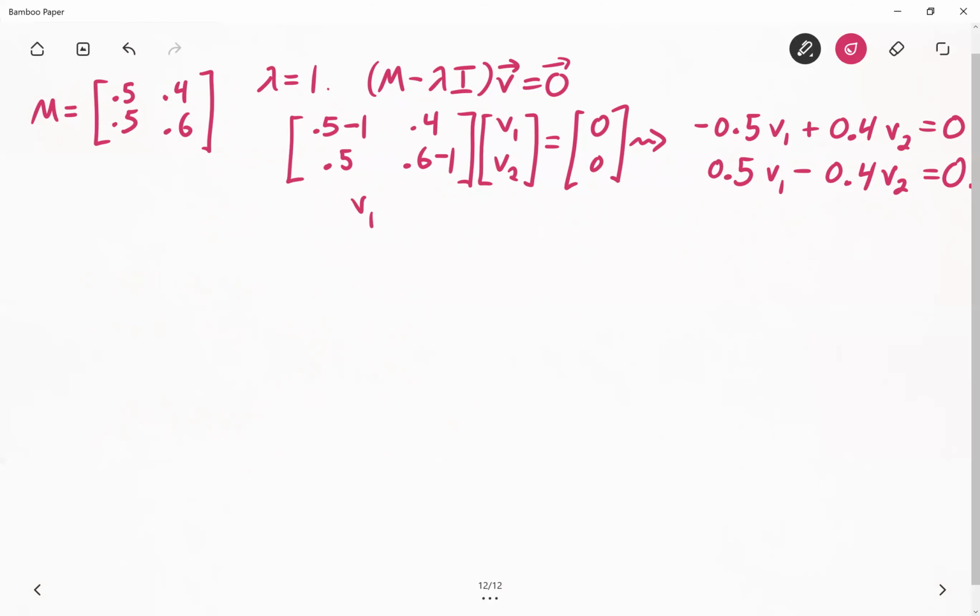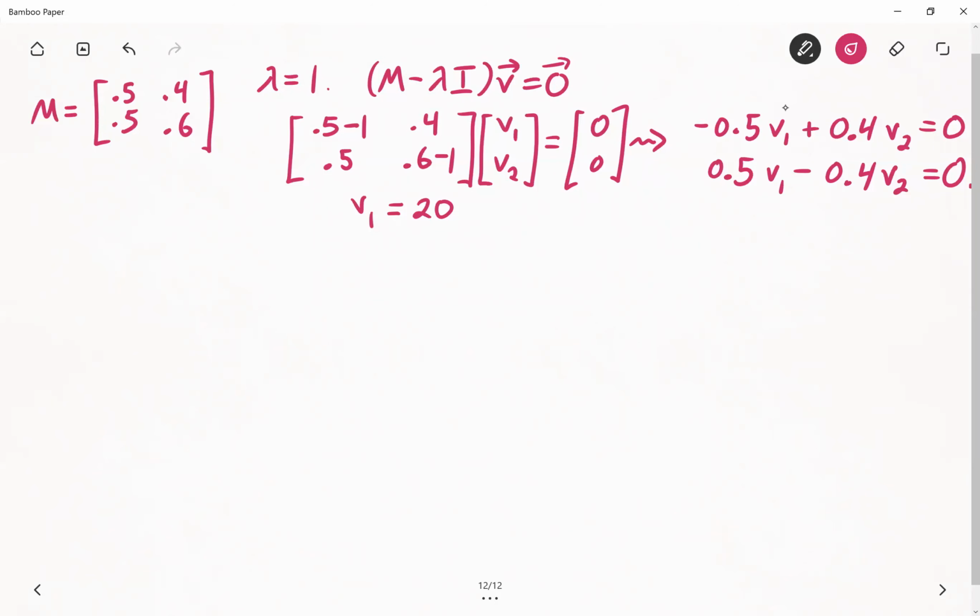Maybe I'll make this 20, because 20 times negative 0.5 will be negative 4, right? And then, wait a second, no, it won't. I'm just getting the numbers jumbled up in my head.